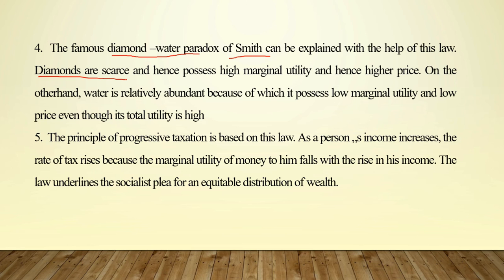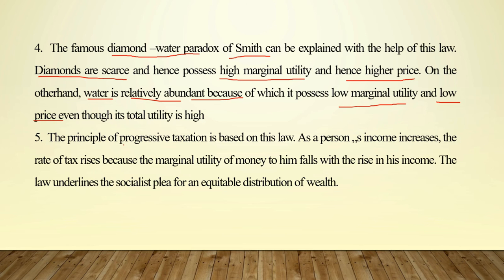These are very scarce and very limited, so they possess high marginal utility and higher price. Whereas water is relatively abundant and plentiful, so it has low marginal utility and lower price, even though total utility is high.